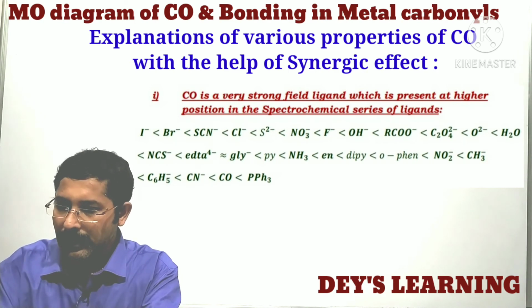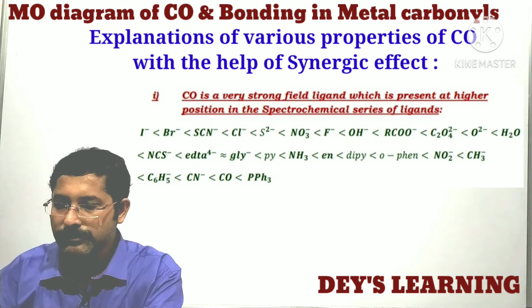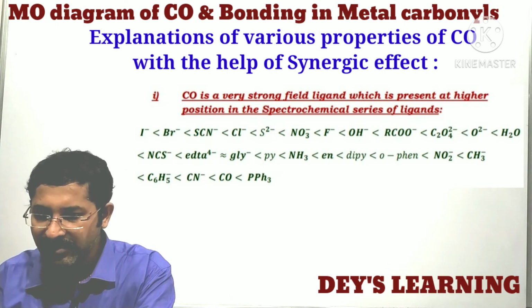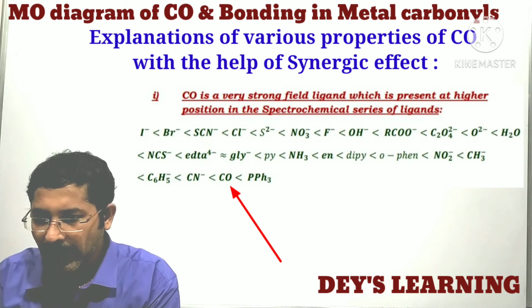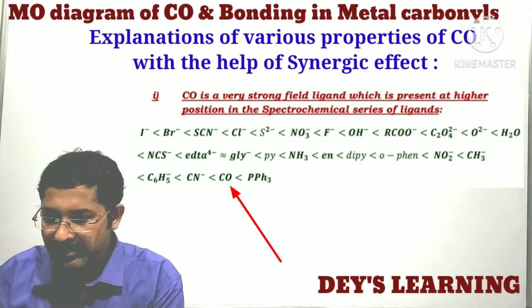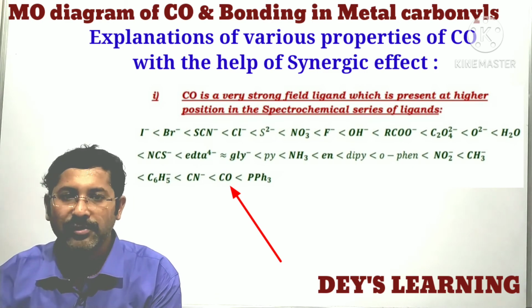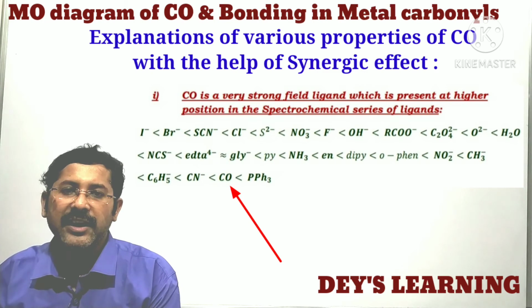The spectrochemical series is written here. Look at the series. There are many ligands where carbon monoxide is present at a very high position, just below triphenyl phosphine. So carbon monoxide is a very strong field ligand.